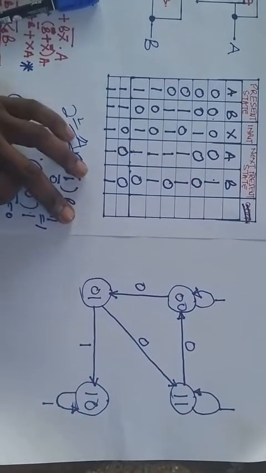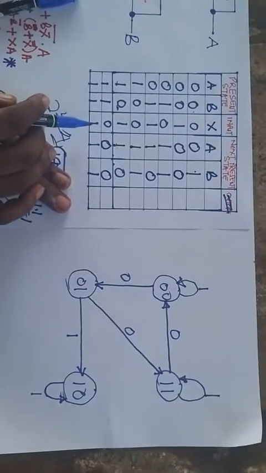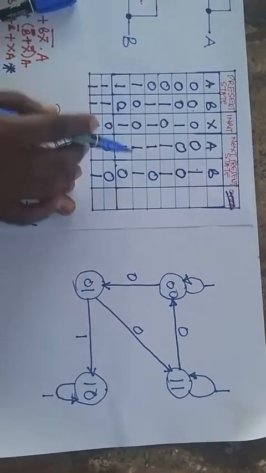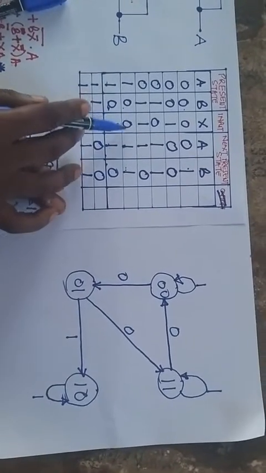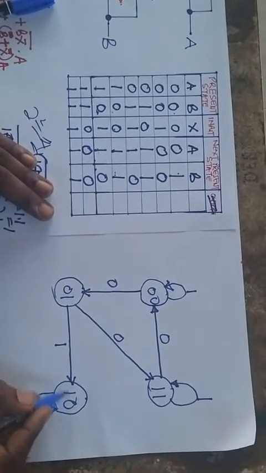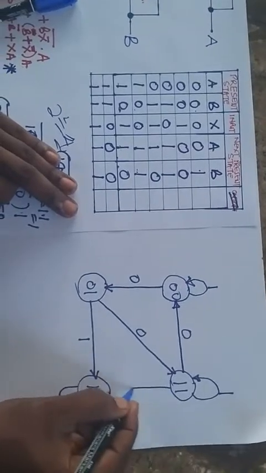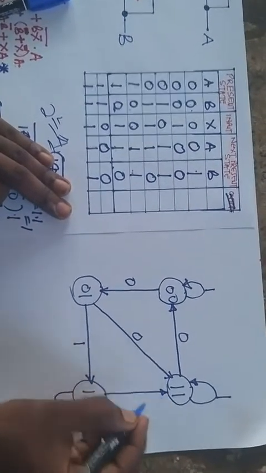Okay, at 10, it went to what? 11 when the input is 0. So at 10, it went to 11 when the input is 0.